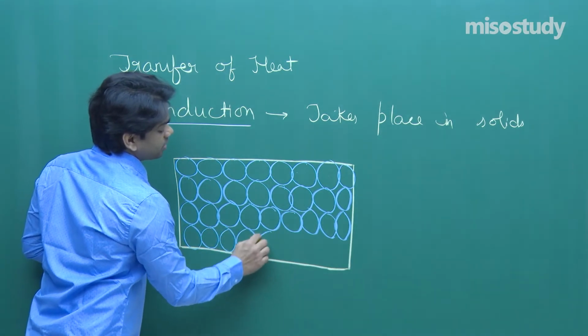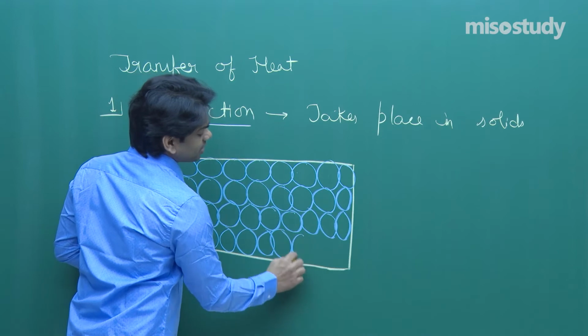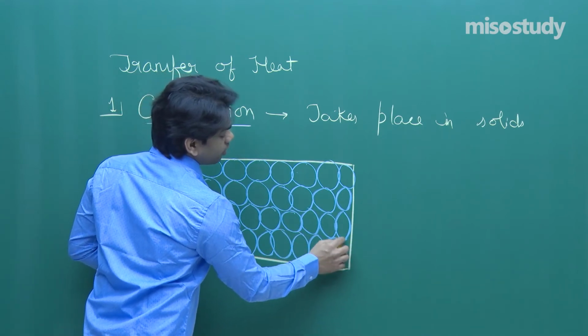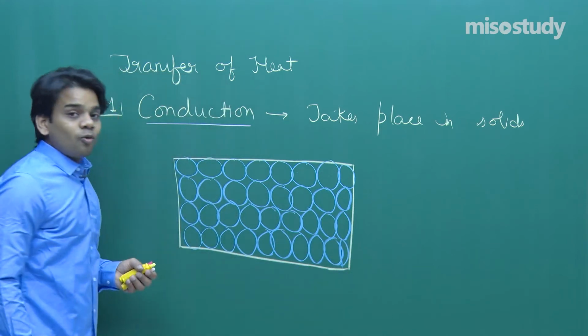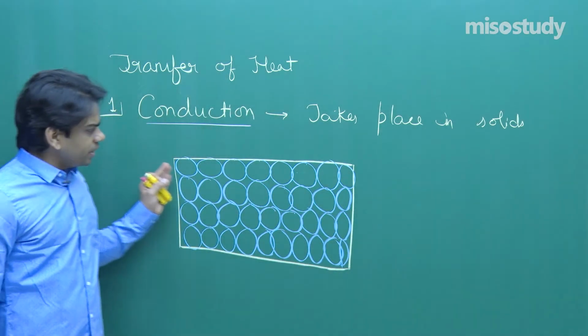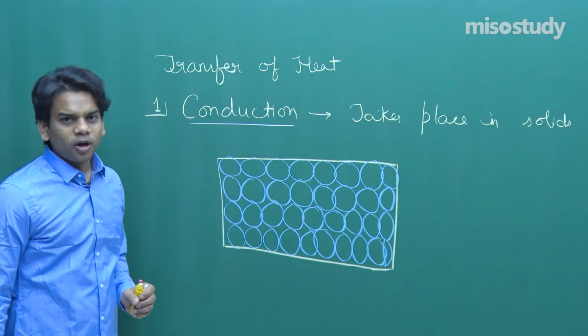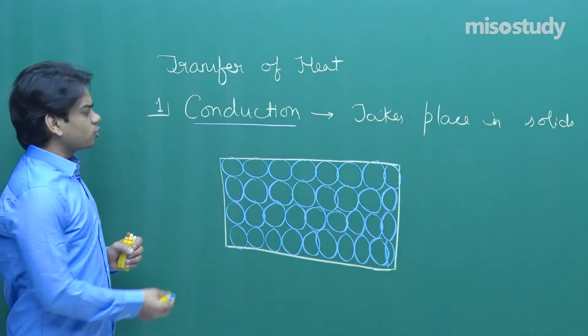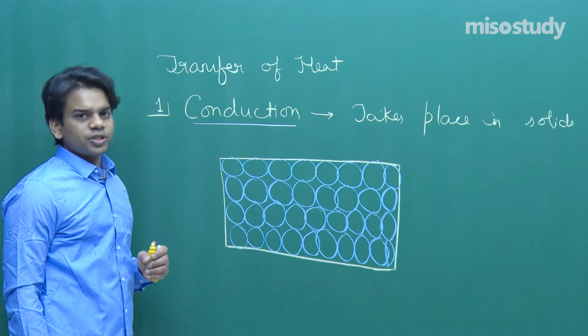But there will be slight space where they can vibrate. Near their position, they can vibrate. Now see, this will be the current position of all the molecules. They will be fixed at their position, but they have got slight space so that they can vibrate there.